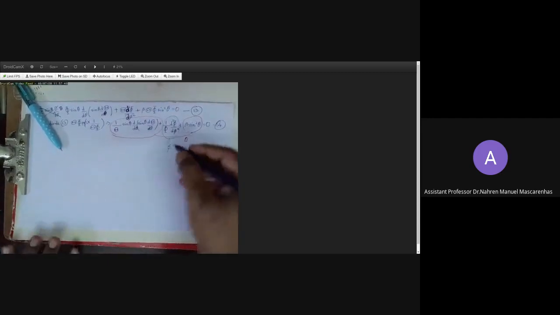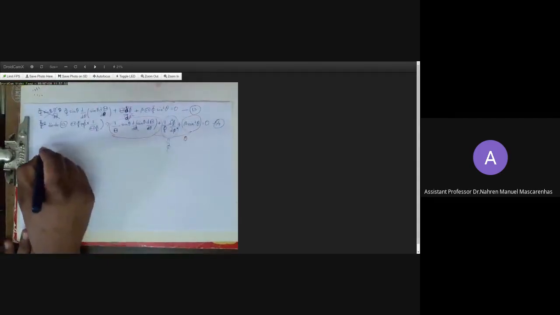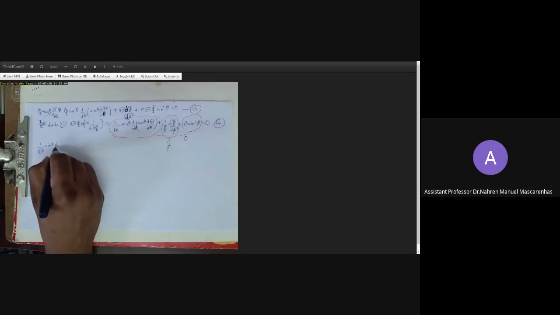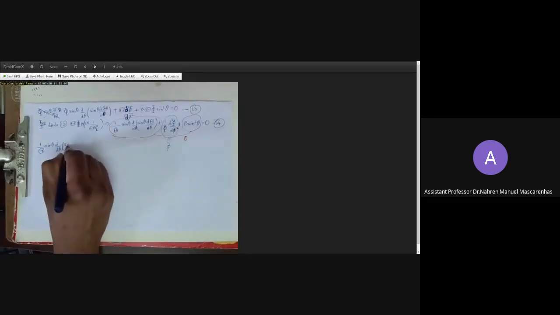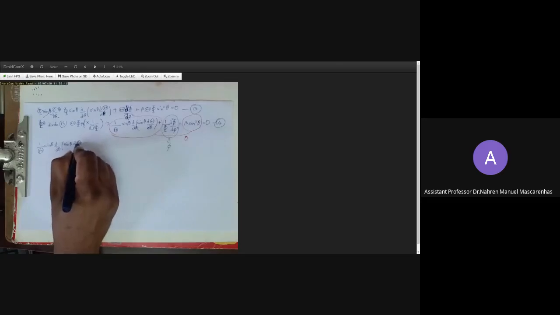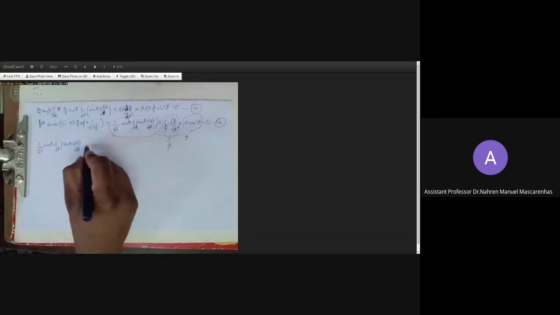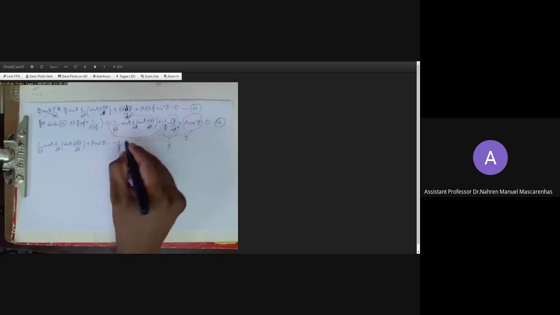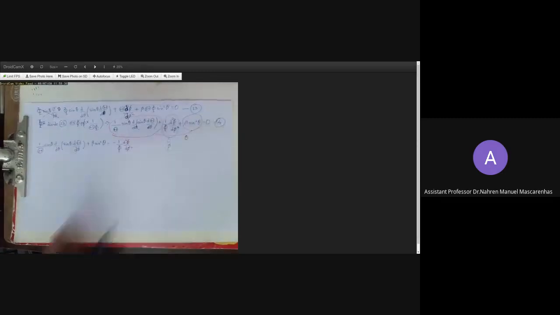So how can you write? I will just rewrite equation 14: 1 by capital theta, sin theta, d by d theta, sin theta, d capital theta by d theta, plus beta sin square theta, equal to minus 1 by capital psi, d square by d psi square.